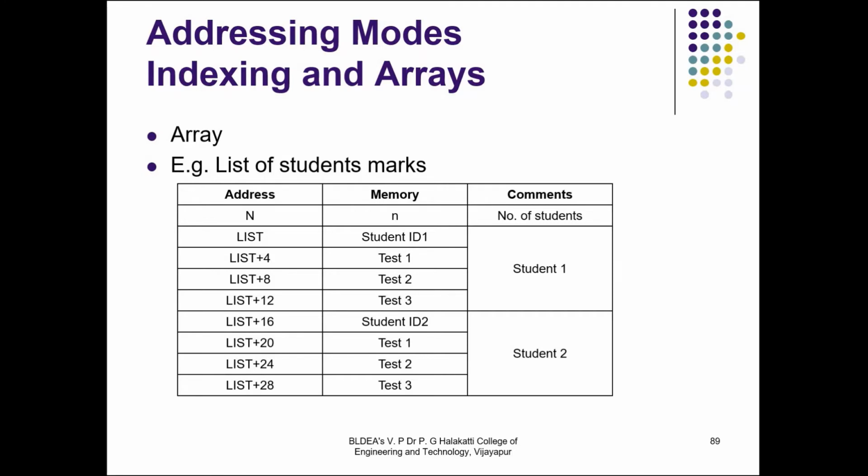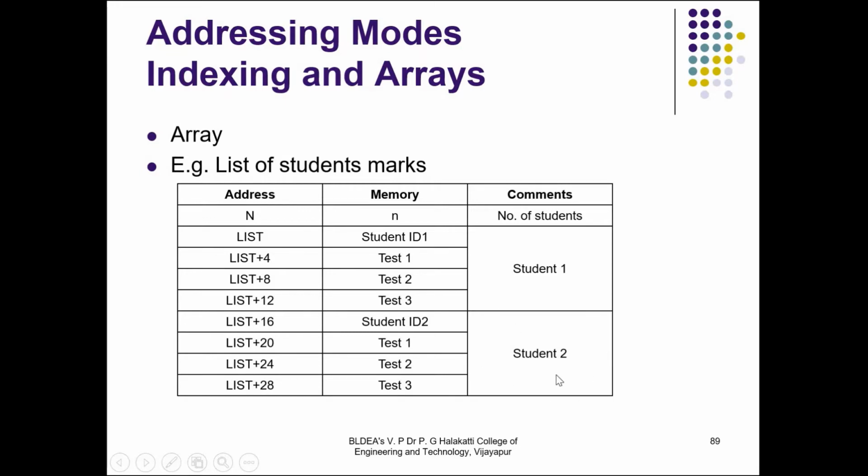For one student, 4 words of memory are allocated. That is, one for the student ID and 3 words for storing the test marks. So each student has a 4-word memory block.